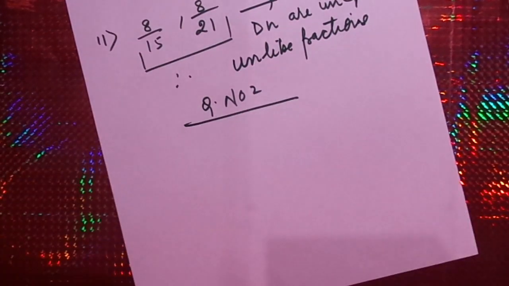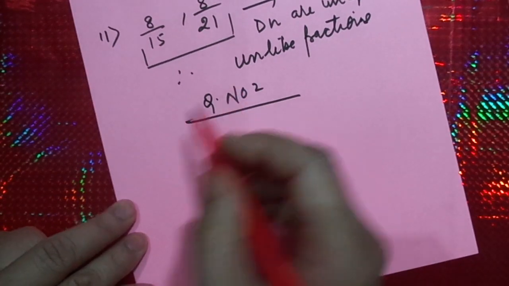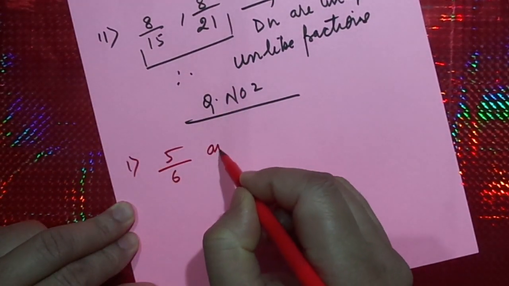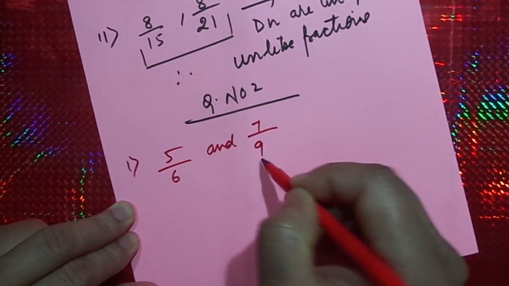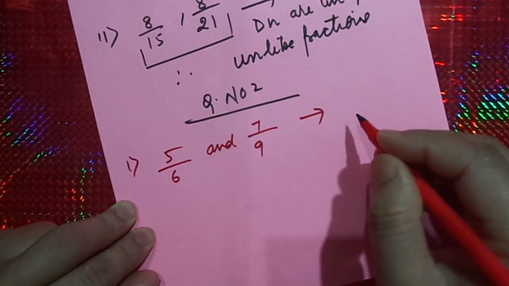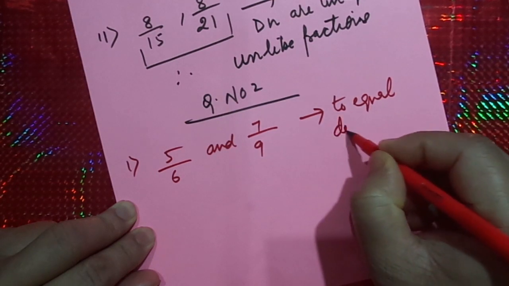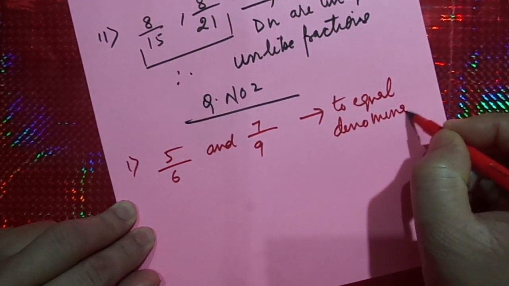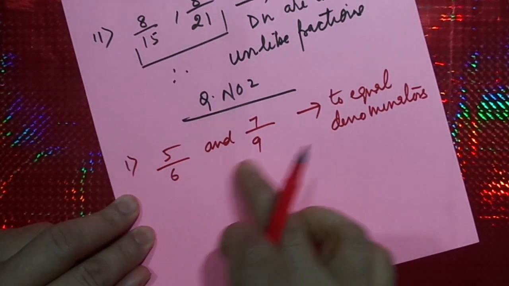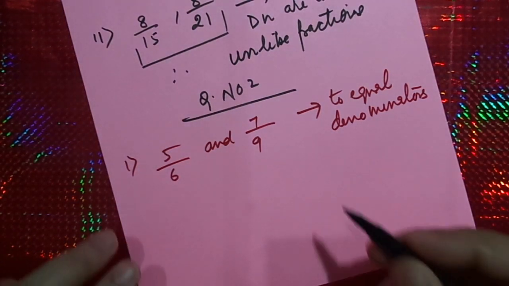Referring to question number 2, we have convert fractions to equal denominators, means they have given you 5 by 6 and 7 by 9, and they have asked you to change to equal denominators. Now, in order to change to equal denominators, naturally you have to take out their LCM.